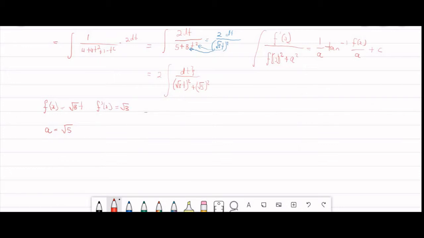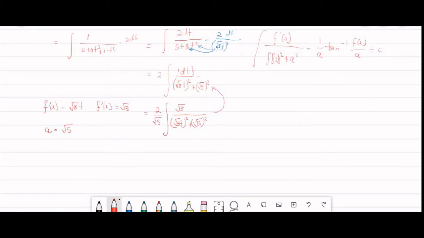Now, rewriting this, we have 2 times the integral, and we'll substitute the square root of 3 over the square root of 3t squared plus the square root of 5 squared. We need to make this the same as the formula, but here we had 1, so I can divide by the square root of 3.